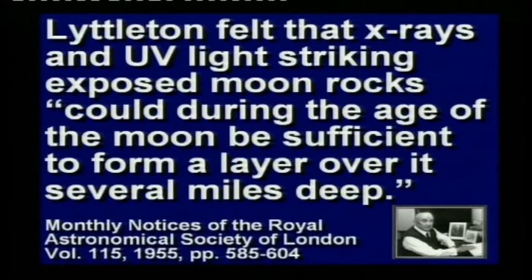And they asked various prominent scientists of the time, and one was Littleton, and this is what he said. Littleton felt that X-rays and ultraviolet light striking exposed moon rocks could, during the age of the moon, be sufficient to form a layer over it several miles deep. That's from the monthly notices of the Royal Astronomical Society of London, dated 1955, before the moonshot.